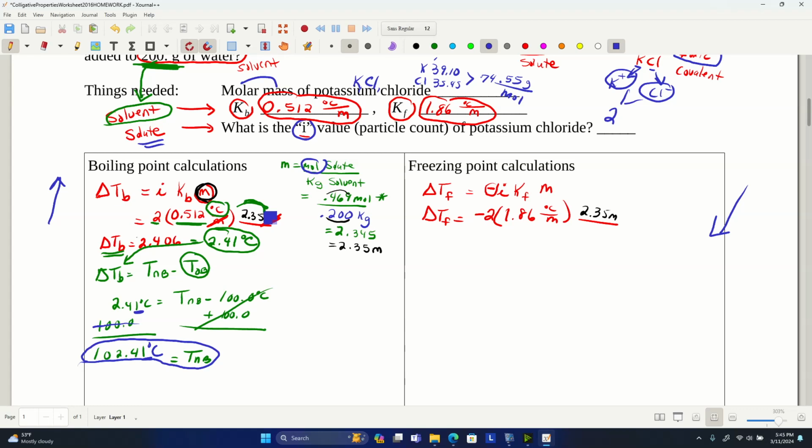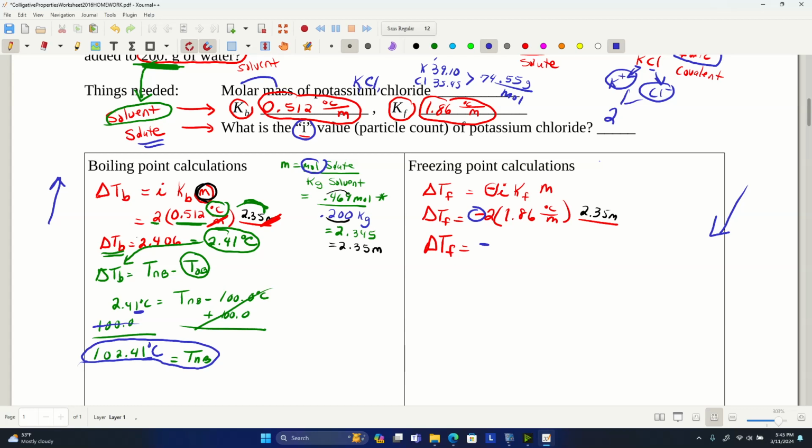Now we're going to calculate the freezing point portion of it. So the change in the freezing point, don't forget the negative sign right here. So it's going to be a negative 2 times 1.86 times 2.35, and so we get a negative, hold on, 2 times 1.86 times 2.35.